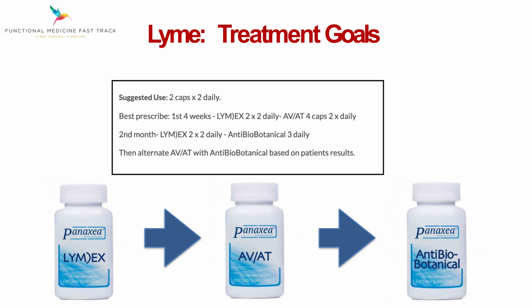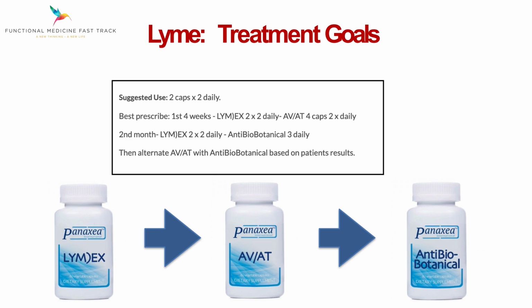Then you're going to alternate the AVAT and the anti-biobotanical based on the patient's results as they've gone through. So what you're going to ideally do is flip back to the AVAT in the 3rd month, and then in the 4th month you can go anti-biobotanical again, and you're going to watch the MSQ scores and see what is happening as you're in touch with them on a daily, weekly basis.